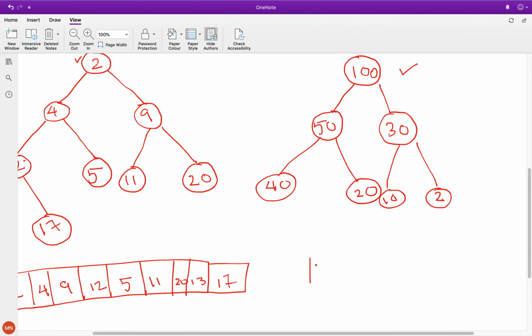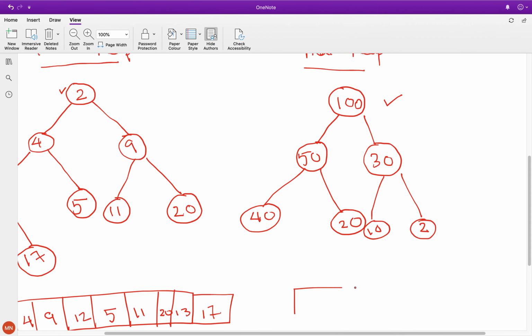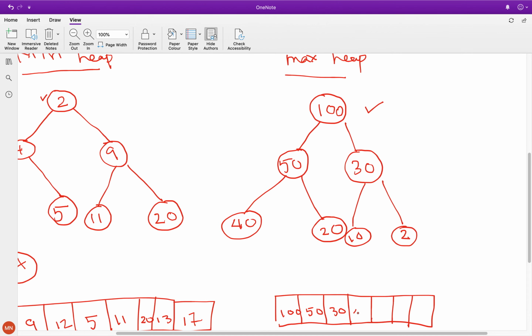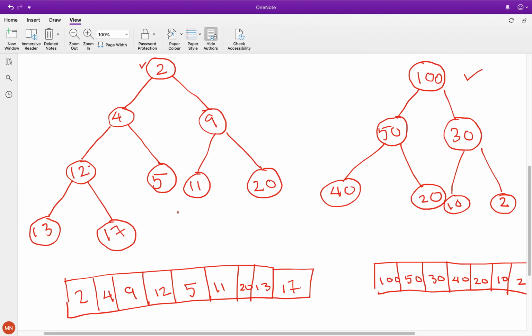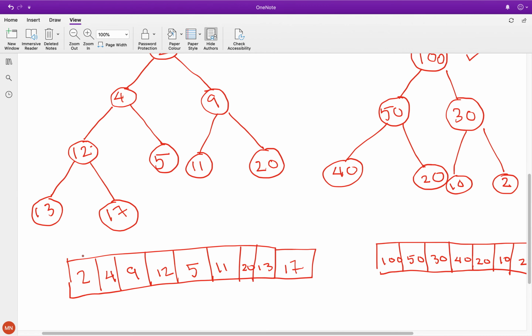In this case it will be 100 first, then I have 50, then I have 30, then 40, then 20, 10 and 2. So this is how we can represent the numbers of a binary heap in an array.